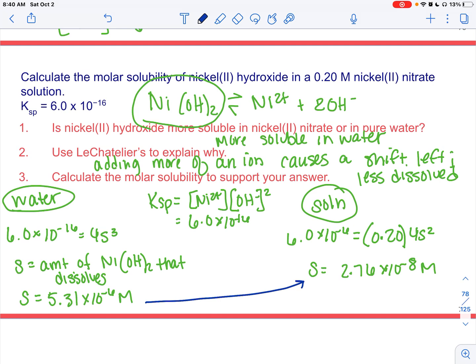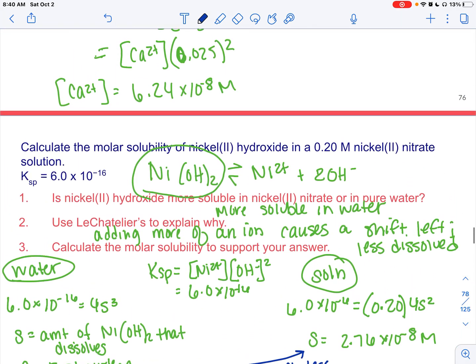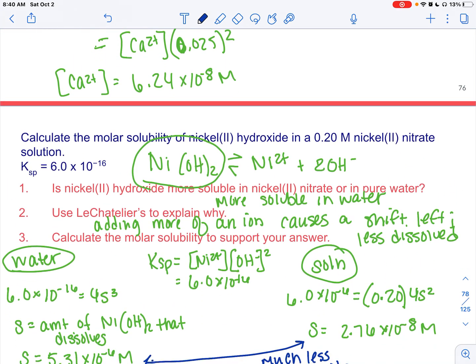Comparing them, this is much less in the solution, much less dissolves. And that's all we're going to do for common ions today.